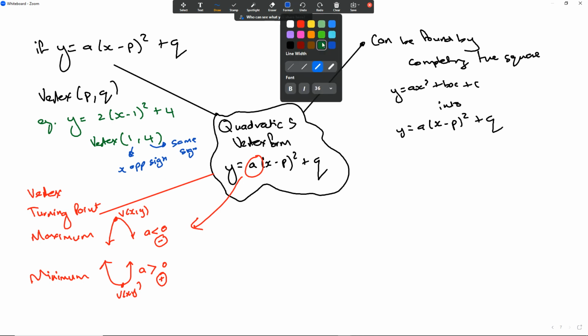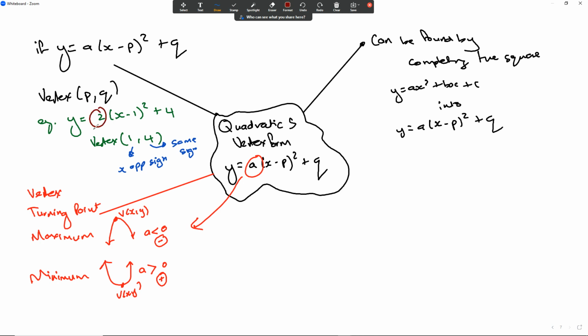In particular, this equation will also have an a value which is positive. So it will be a smiley face, which means that the vertex (1, 4) will be a minimum in this case.